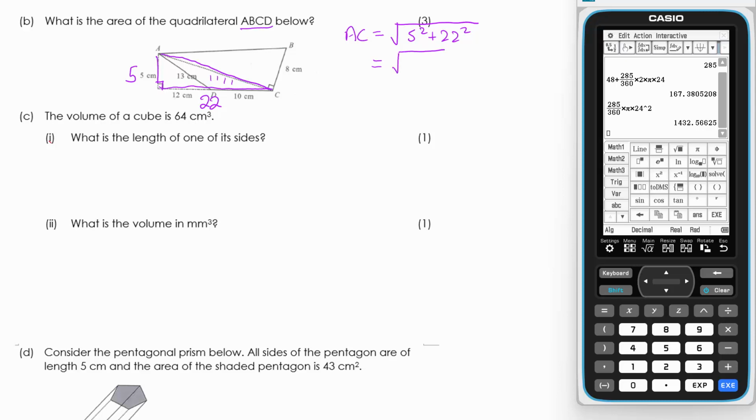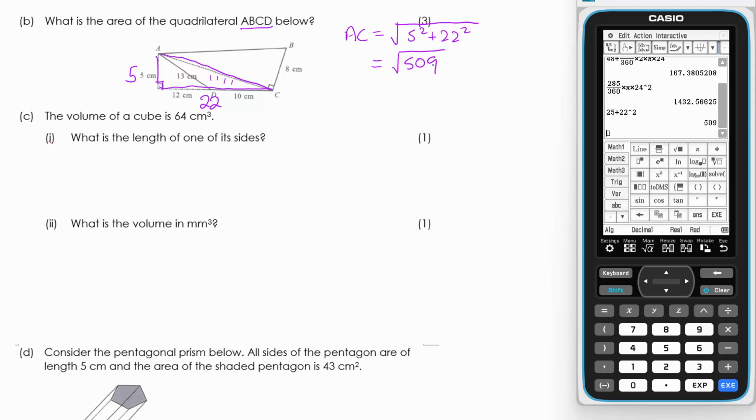Let's just work out 5 squared plus 22 squared. So 5 squared I know is 25 plus 22 squared. So it's the square root of 509. It's more accurate if I use that rather than working it out later on, but you can, of course, work it out. Just keep an extra couple of decimal places.